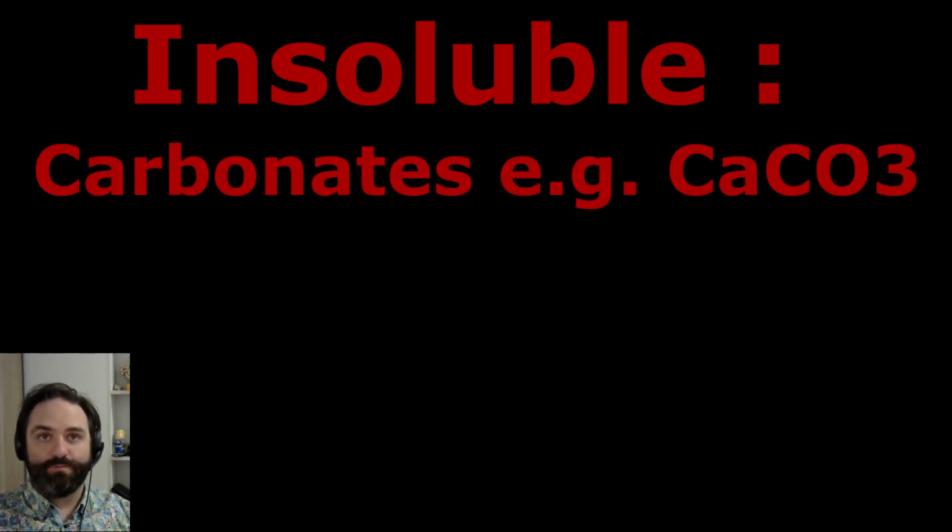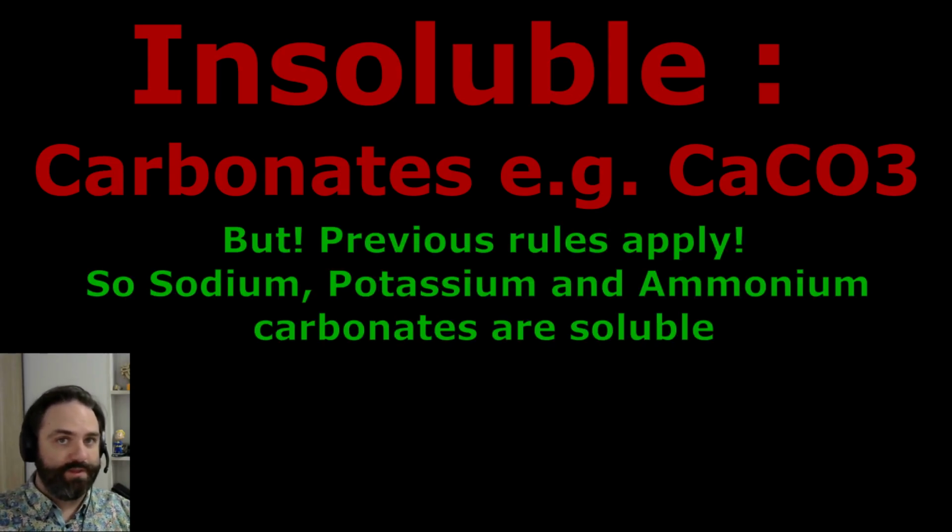Now we look at the insoluble ones. Carbonates are insoluble. Anything that contains the carbonate ion is insoluble. But we remember our rules from before, not if they have something from group 1 or ammonium. So carbonates are insoluble, but potassium carbonate, sodium carbonate, ammonium carbonate, they're all soluble, because that's our first rule from earlier.